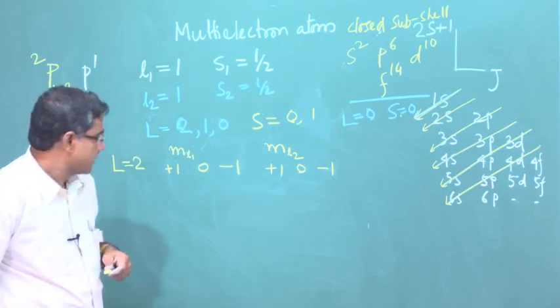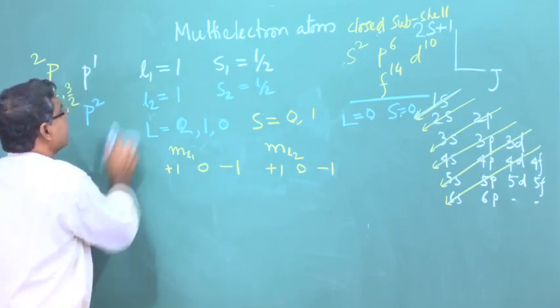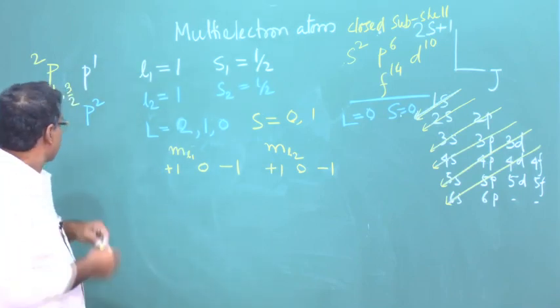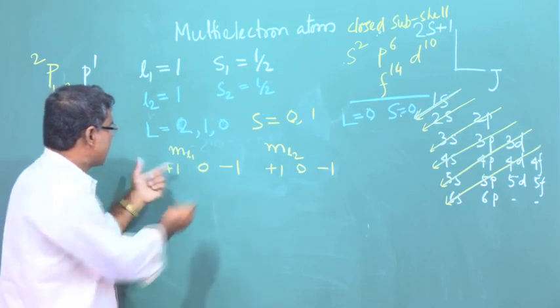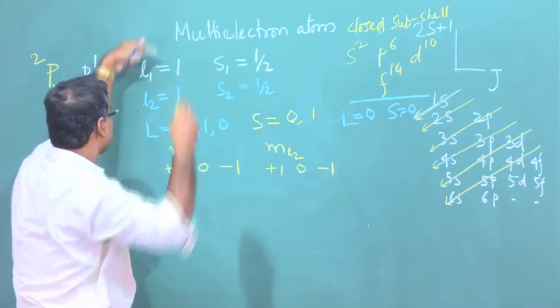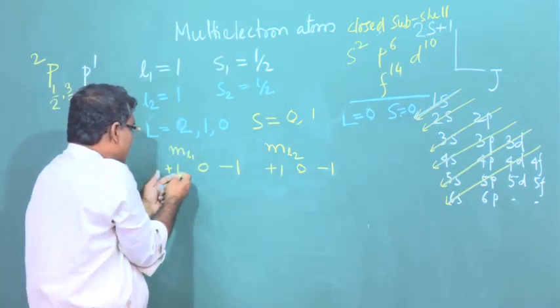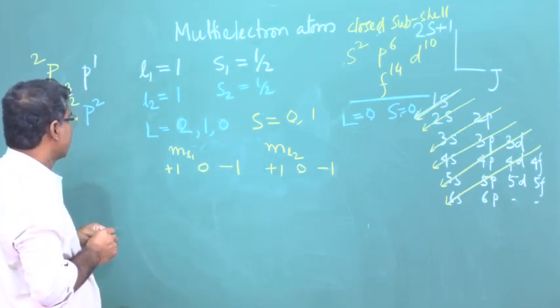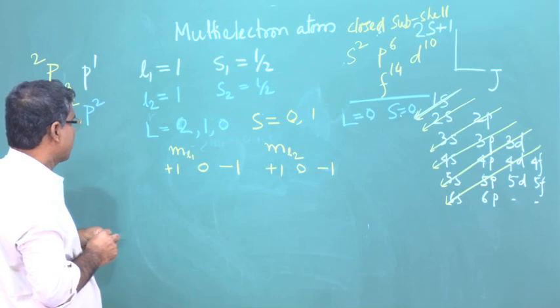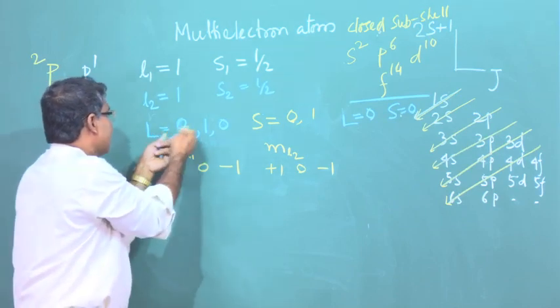So that is the ml value for individual electrons. Now n and l are the same. With 2 electrons, the first electron I can put at any one, so I have to look at it.